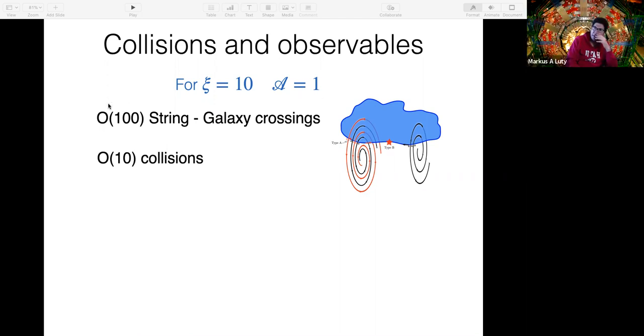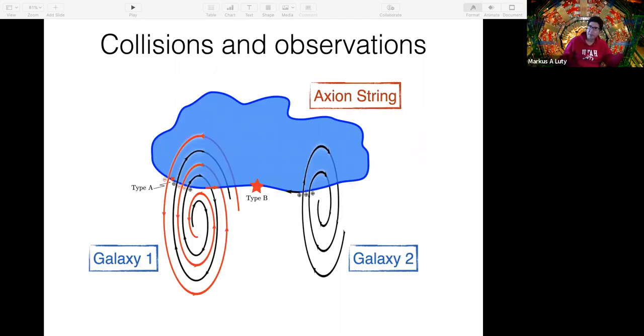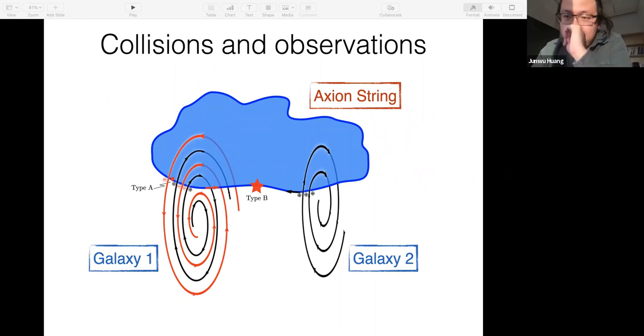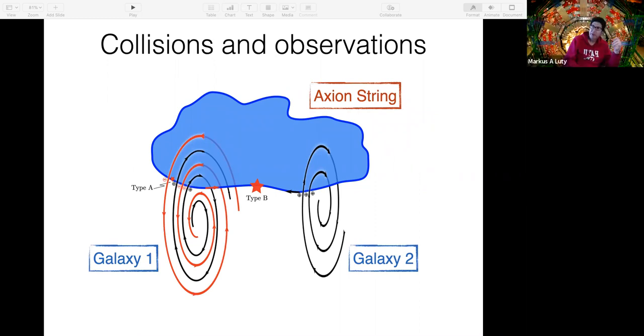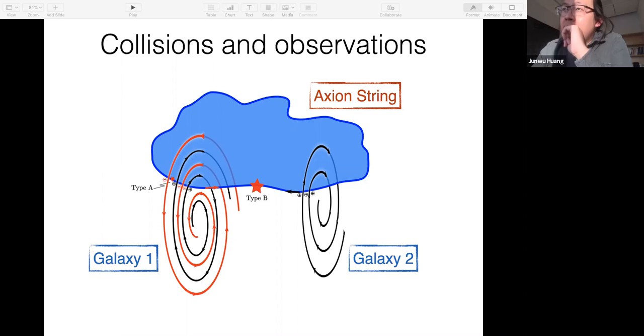Sorry, can I ask, to make sure I'm understanding this? This collision depends on the fact that the resistance or the dissipation in the string is not too large. I could imagine that if that was very large, then these excitations would dissipate away before they ever collided. Am I thinking about this wrong?